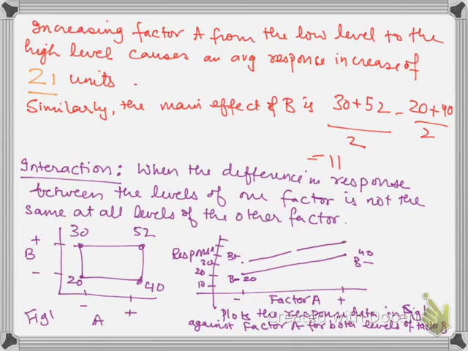Somewhere here. 52. So you see, the lines are approximately parallel. Parallel lines indicating lack of interaction between factors A and B. Lack of interaction.